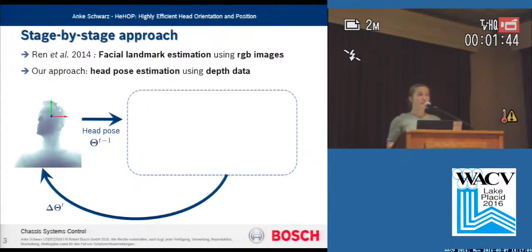So having a video, we take each frame independently, and on each frame the starting head orientation is frontal and the head position is the mean inside the face region. So the goal is to estimate in each stage an update of the head orientation and position.